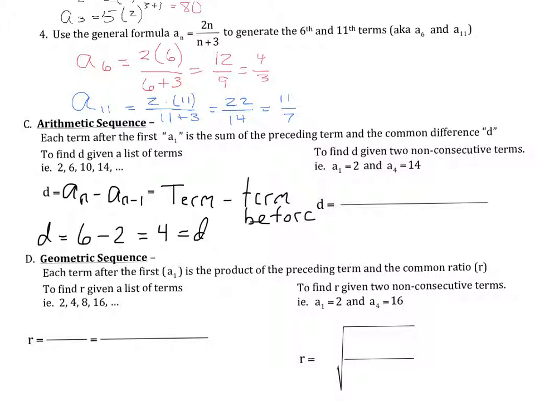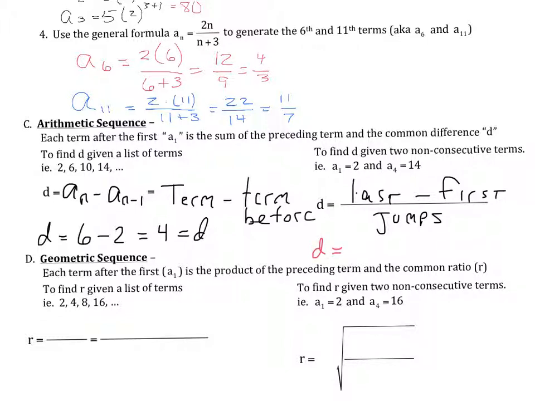To find d given two non-consecutive terms, for example, say you're only given that the first term is 2 and the fourth term is 14, what you would do is similar to slope. So you would take the last term that you're given and you subtract the first term that you're given and you divide it by the amount of jumps or spaces in between those two given pieces of information.